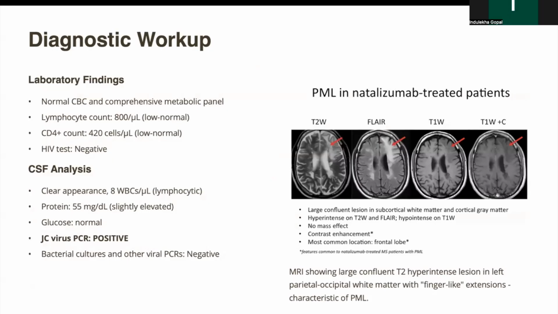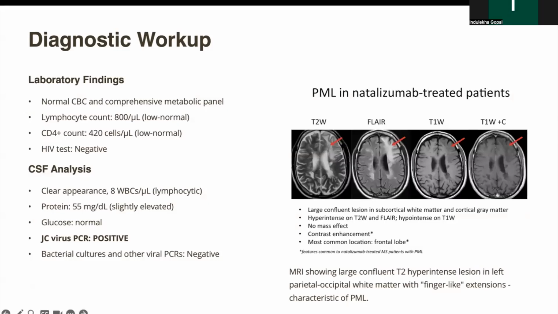So lab findings: the lymphocyte count is about 800. The CD4 count is low normal, 420. The CSF WBC is 8, lymphocytic predominance, and protein 55. The JC virus is positive.